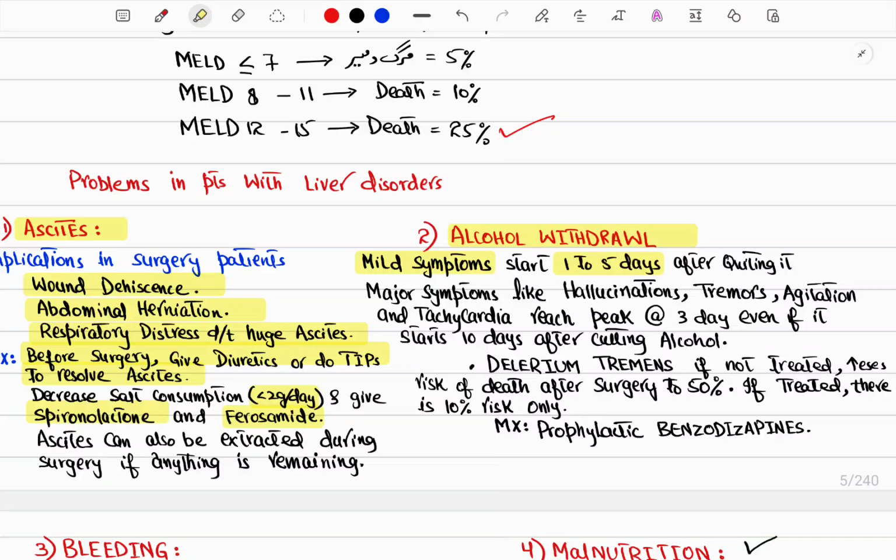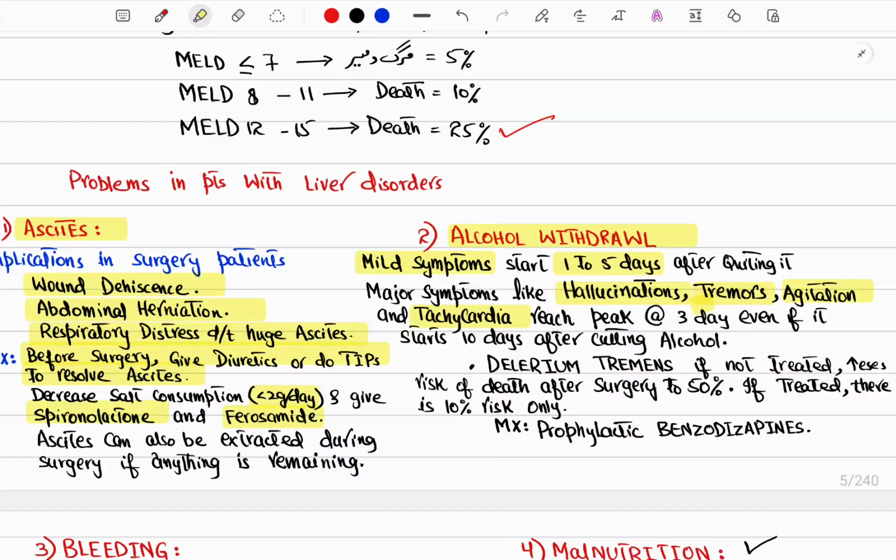Major symptoms are hallucinations, tremors, agitation, and tachycardia, which reach peak 3 days after they start, even if they start 10 days after quitting the alcohol.